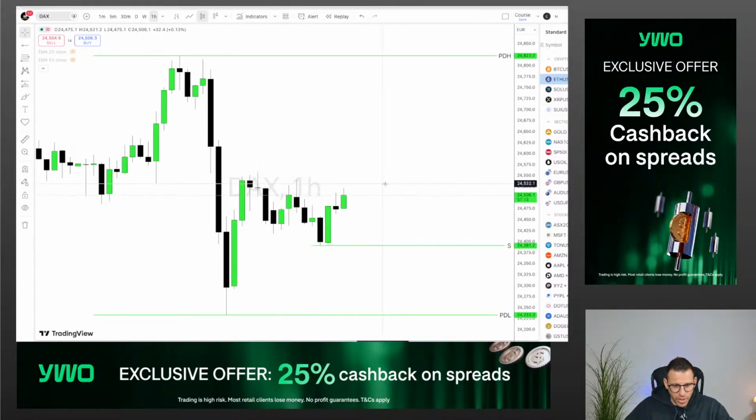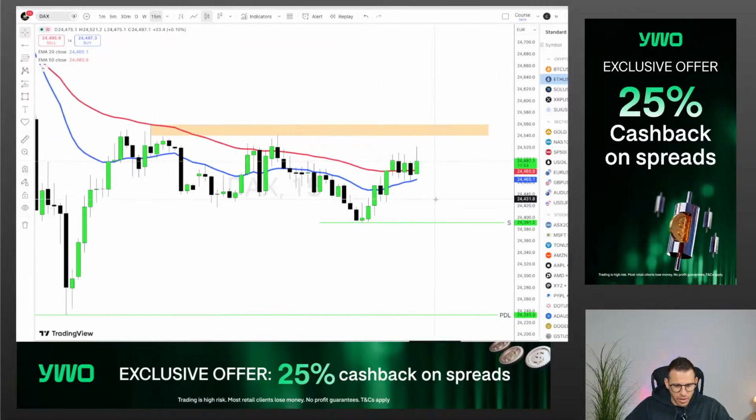Lowering the time frame on the hourly. Okay, now we are approaching this key resistance here. There is a significant resistance up there for the higher time frame, but going down to the 15-minute, here we start using the moving averages.